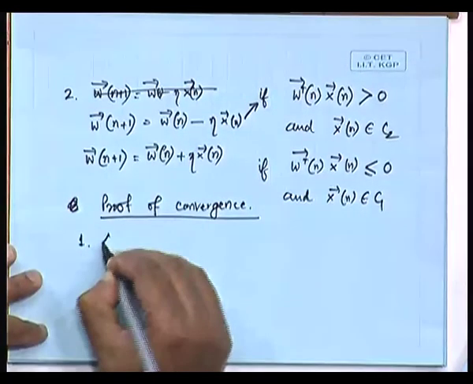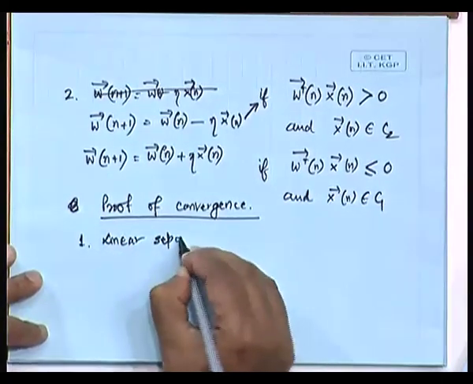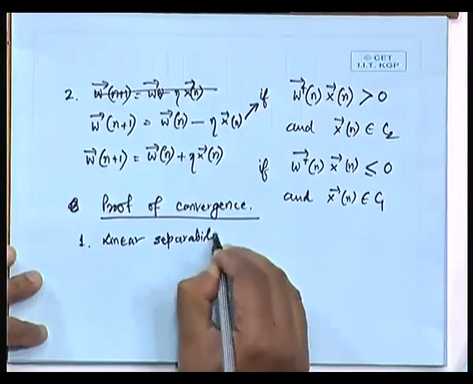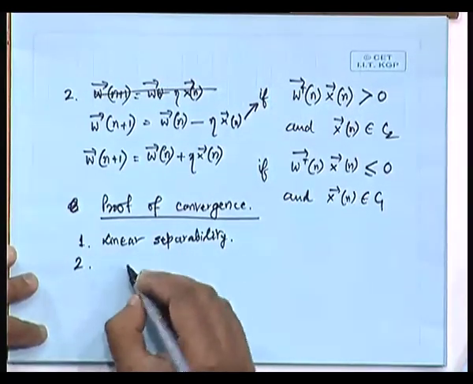Number one is linear separability, which I think you all agree we are definitely not going to violate. Other than that, we are going to have two more assumptions.